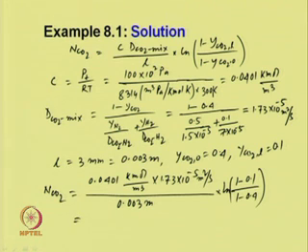So, this will give around 9.37 into 10 to the power minus 5 k mole per meter square second.